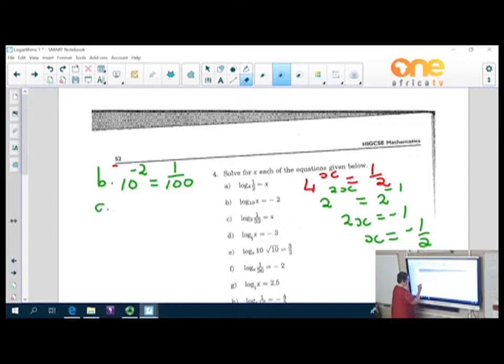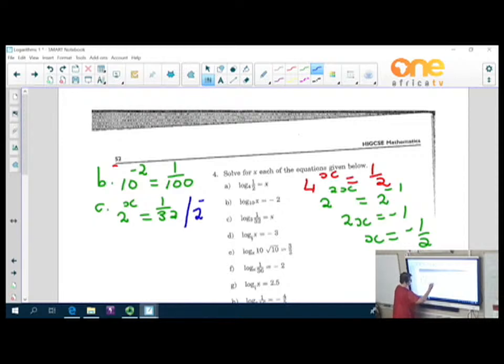Number C, 2 to the power of what is equal to 1 over 32, I can rewrite it as 2 to the power of negative 5. Now, how will I know that?